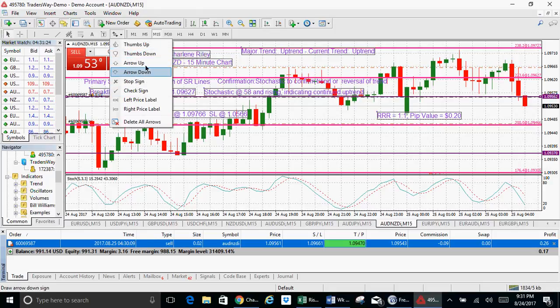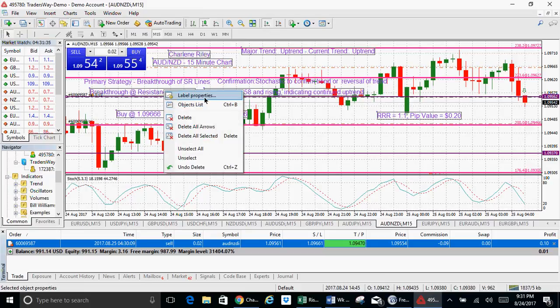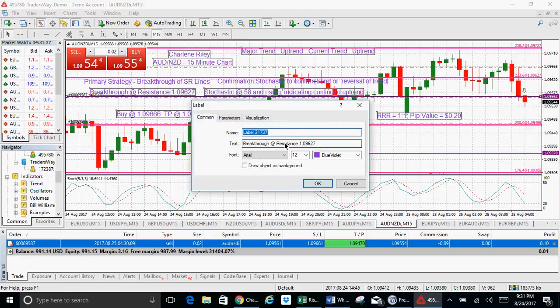So now I'm going to finish up the labeling of my charts. Breakthrough, support, 1.09562.